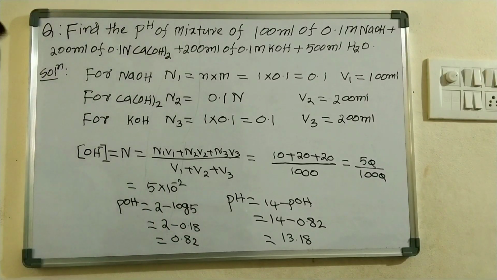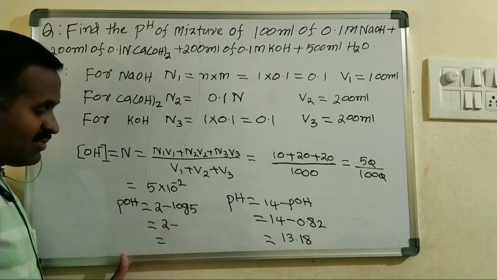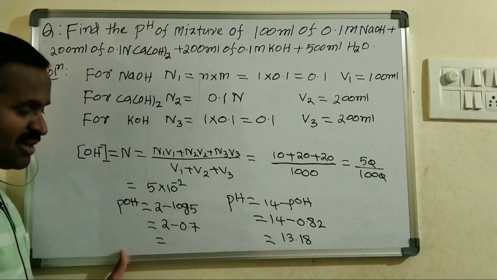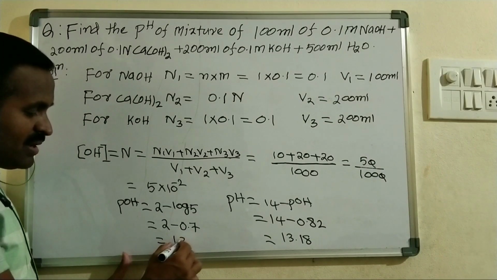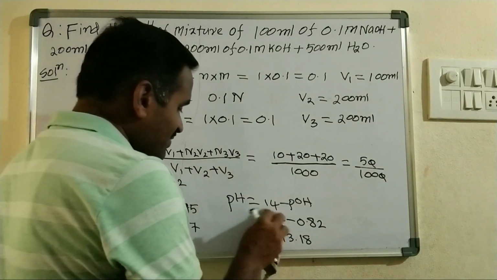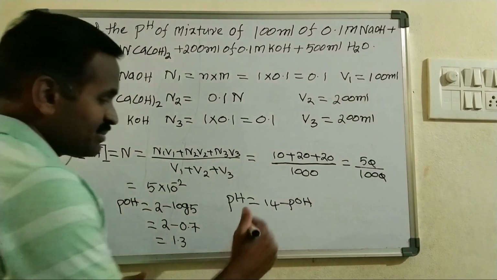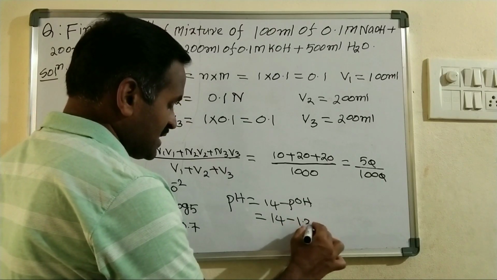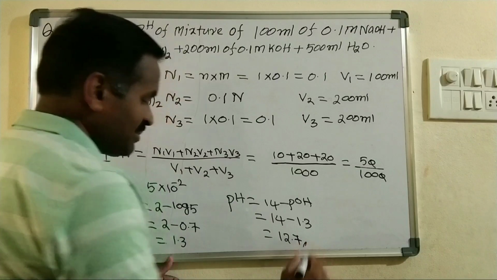The log 5 value is 0.69897; you can consider it as 0.7, so you will get 1.3, and this is the pOH. From that pOH you can find the pH, and pH equals 14 minus pOH. Here 14 minus 1.3 gives 12.7 as the pH.